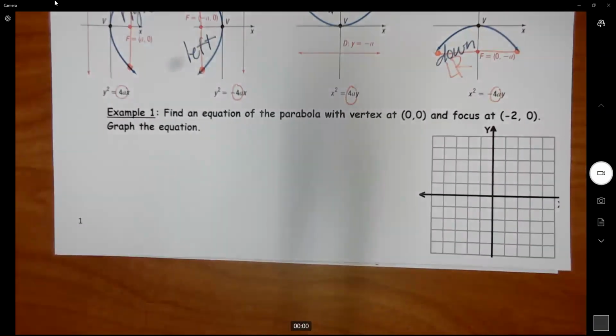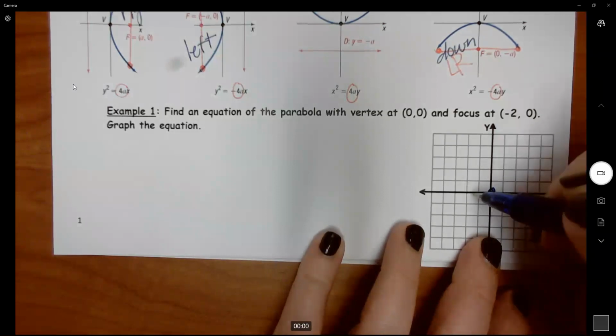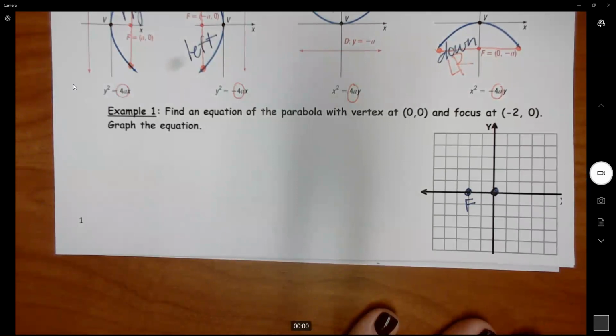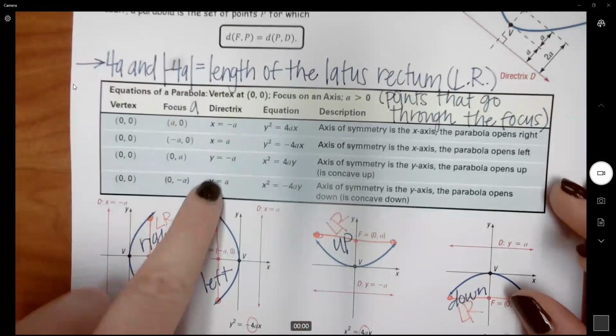So here we go. Find the equation of a parabola with a vertex at 0, 0, and the focus at -2, 0. So 0, 0, and -2, 0. I'm actually going to come back up because I missed a whole portion of this, and that is my directrix.